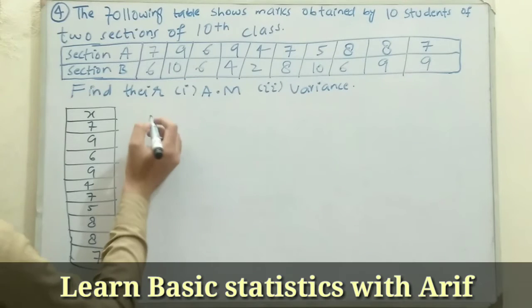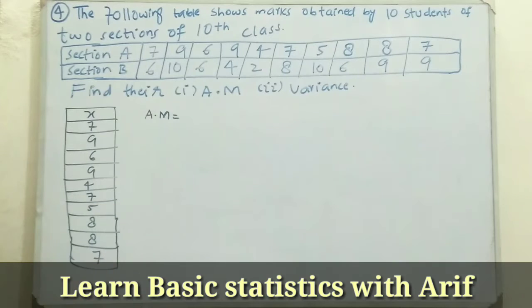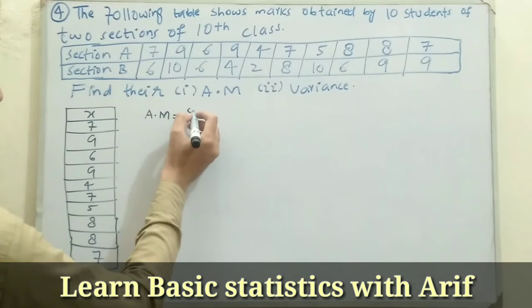We already know from the previous videos that the arithmetic mean for a set of data is equal to the sum of the numbers divided by the total number.